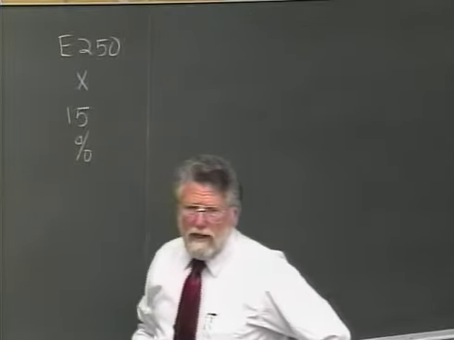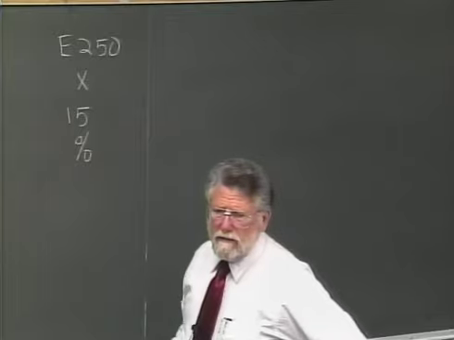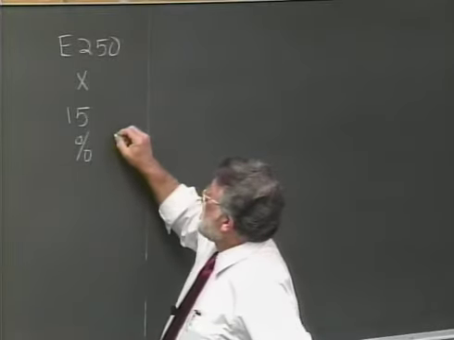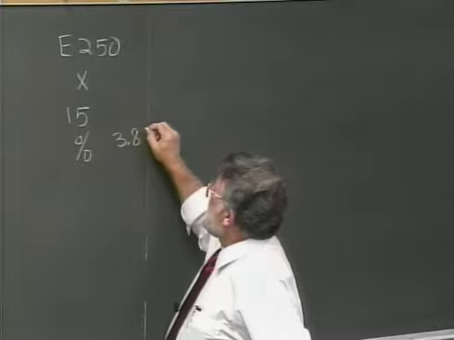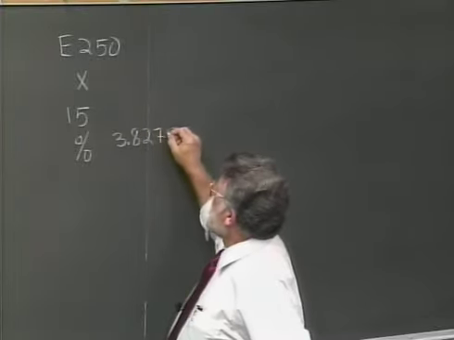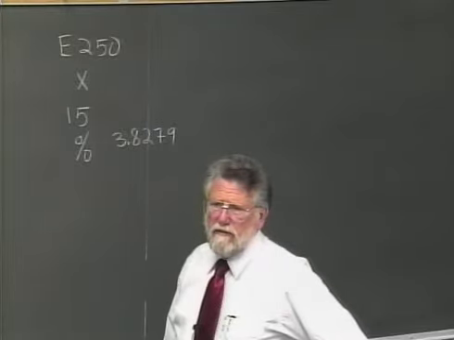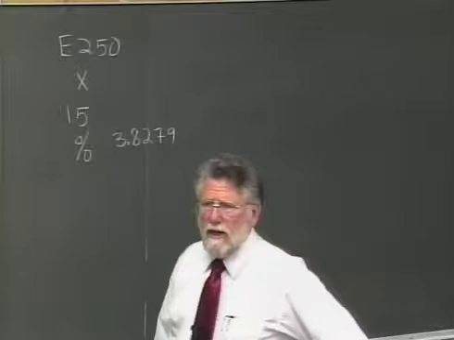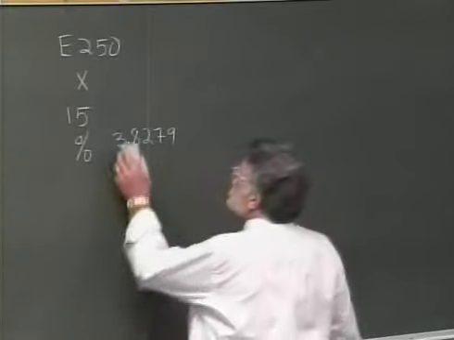Now at some point you get a readout. What is it you read at the percent key? Anybody? Remember this is at 15%, so you have 250 times 15%, and I'm not getting the same answer. 3750?